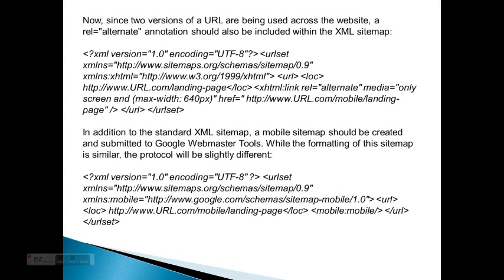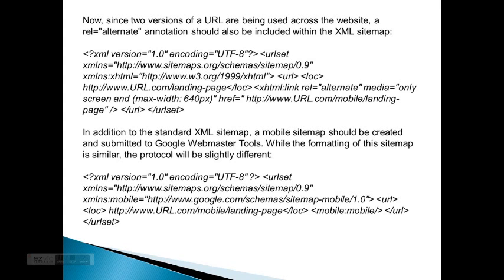So, the XML version is equal to 1.0, and the encoding is equal to UTF-8, and the urlset xmlns is going to be the sitemap, and then the xmlns:xhtml is going to be the URL for the XHTML, and then you're going to have the URL, the landing page URL, as well as the xhtml:link rel alternate, media only screen and max-width 640 pixels, and the href is going to be the mobile landing page.